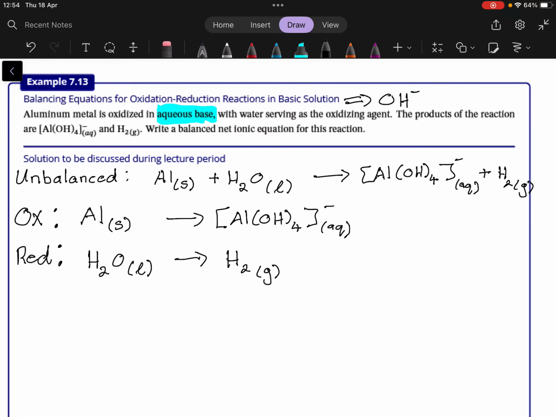So what do we need in terms of aluminium hydroxide? We will need at least 4 hydroxide anions. So let's say here plus 4 OH minuses. All right. So we sorted out, we've got aluminium, we've got hydroxide. So at least now we have mass balance.